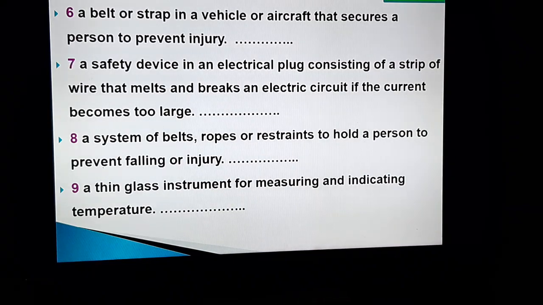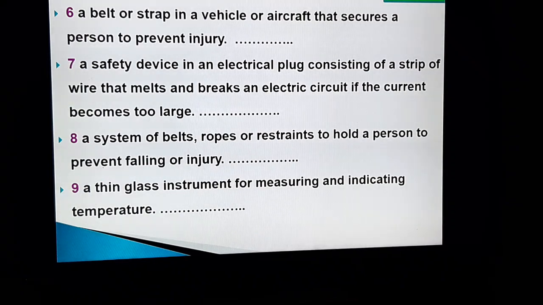It's like a helmet, so it's picture H. Number 6, a belt or strap in a vehicle or aircraft that secures a person to prevent injury. When you want to drive your car, we always advise you to wear the seat belt. Seat belt.